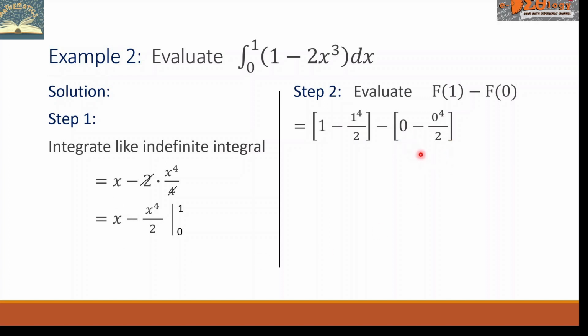In the second group, this is 0 minus 0 raised to 4 is 0, divided by 2 is 0. So all second group will be 0. That means we simplify only this first group. 1 minus, this 1 raised to 4 is 1. 1 minus 1 half is positive 1 half.